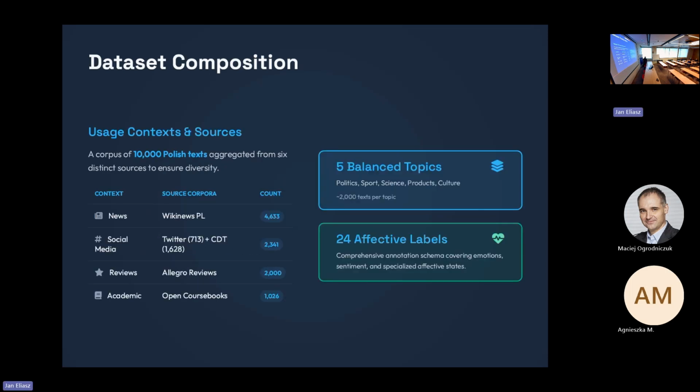And we want to somehow evaluate our idea, so we collect from different sources a data set that consists of, in total, 10,000 Polish texts with a context of news, social media, reviews, and academic texts, and also 5 topics: politics, sport, science, products, and culture, each 2,000 texts, and 24 affective labels, so the sentiment and other affective dimensions, like joy, anger, sadness, and so on.